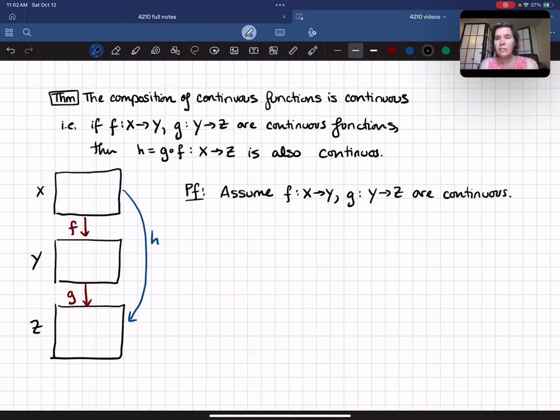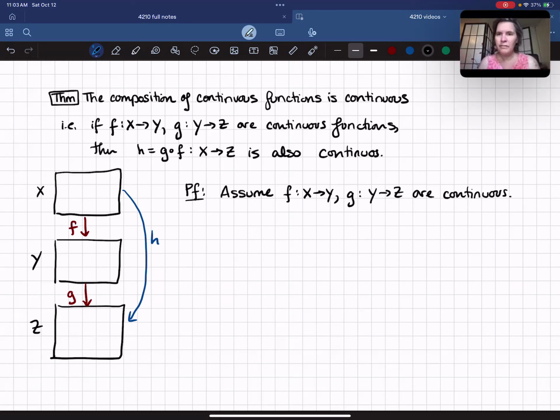The definition of continuity is that the inverse image of open sets, or the pre-image of open sets, is open. So I could start with an open subset of Z and then prove its pre-image under h is also open in X. I could also do basic open or closed sets because we've shown that there are equivalent characterizations, but there's really no reason to use one of those alternates, so let's just use the normal definition.